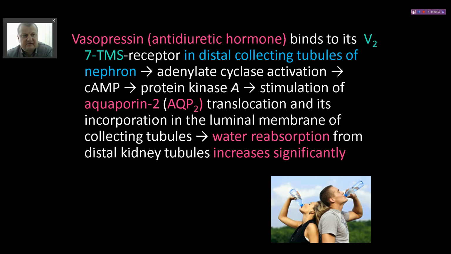This secondary messenger activates protein kinase A, and then stimulation of aquaporin 2 translocation and its incorporation in the luminal membrane of the collecting tubes. And the result is that the water reabsorption from distal kidney tubes increased significantly.